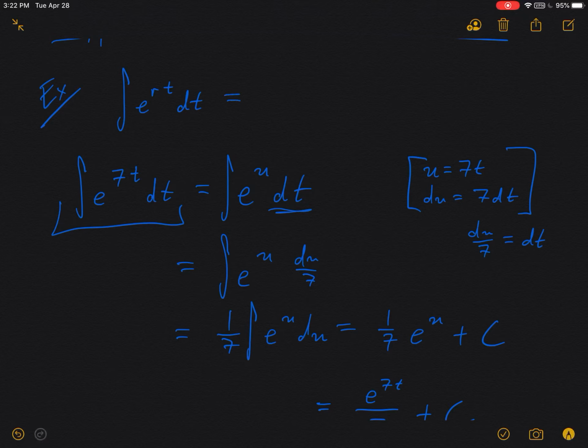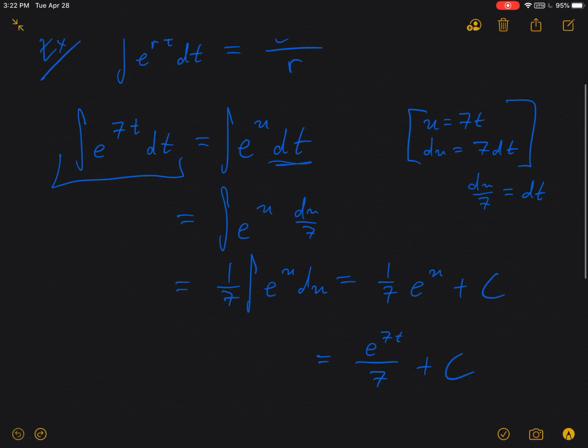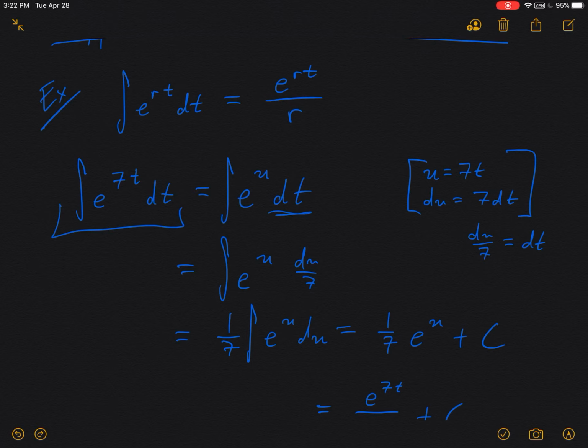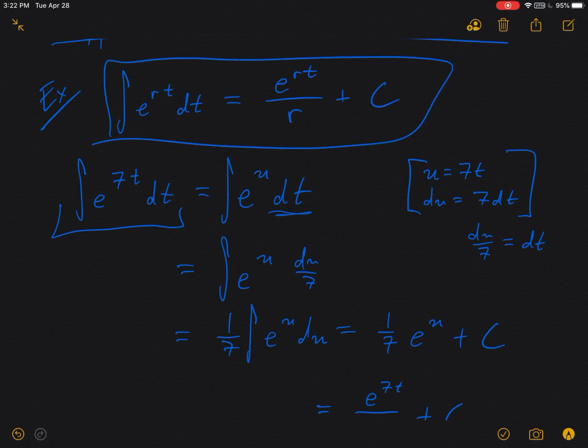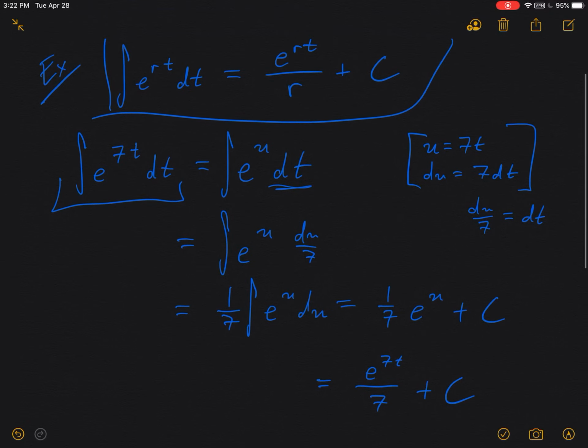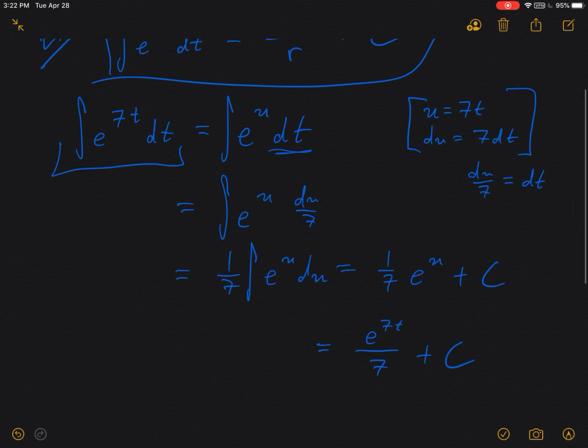If you integrate e to a constant times your variable, what you'll get is the same exponential expression divided by that constant. Here we were dividing by 7. In the generic case, we'll be dividing by whatever constant is sitting next to the t. So this will be e to the rt divided by r plus c. That gives us a general formula that I'll be using several times throughout this set of notes, but you can always justify that formula by using this u substitution like I did here.